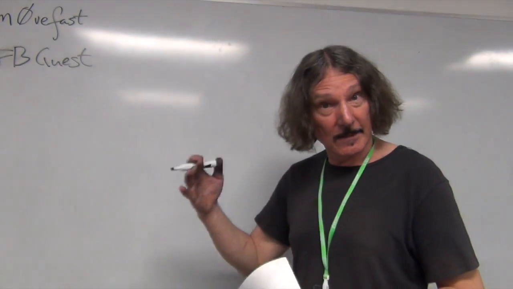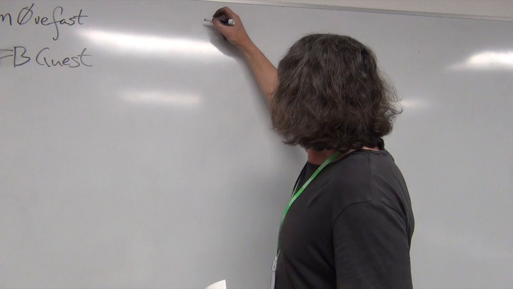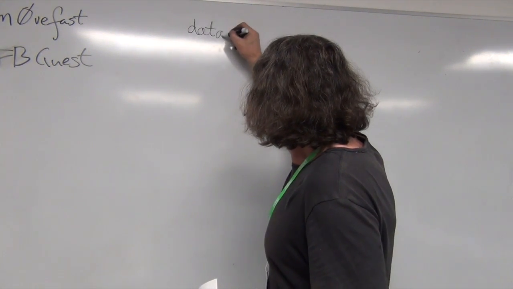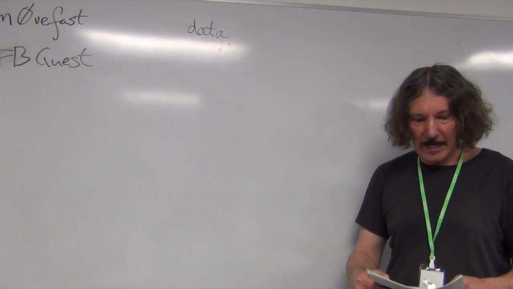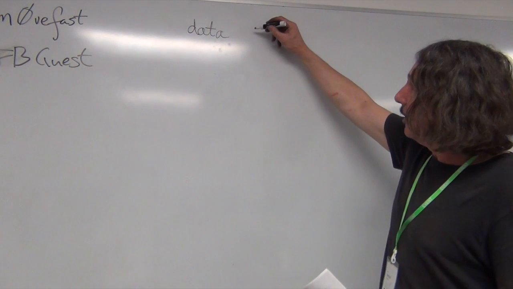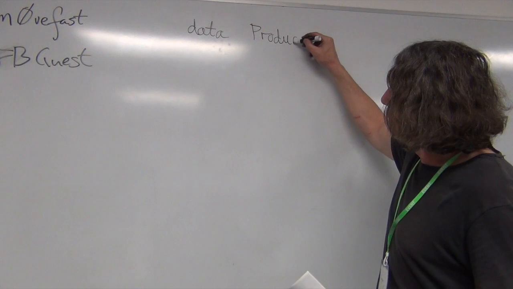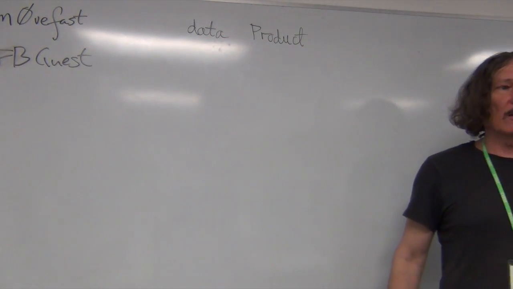Right? Can we define Cartesian product of types, since types are sets? Well, of course. So we start with the keyword data, right? And now we are defining a type. Let's call this product. Okay, but product of what?